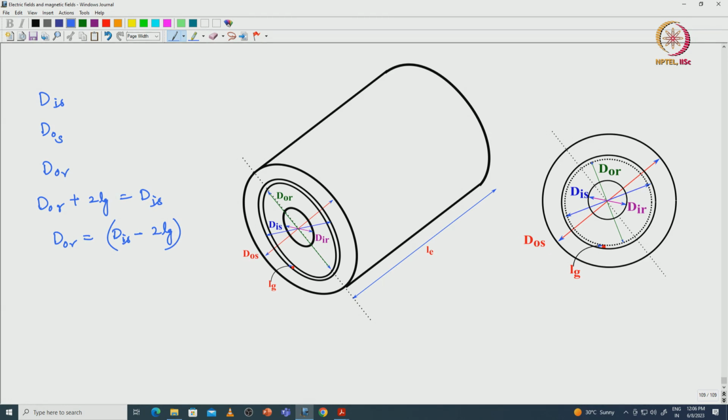Now we will find the volume of the rotor. As of now we have seen the volume with respect to the Dis term, right. To find the actual volume of the rotor, that is this portion, the actual volume of the rotor is nothing but this one.